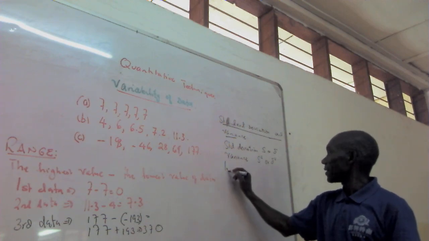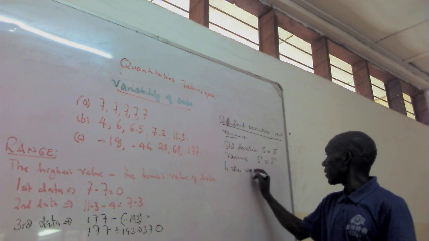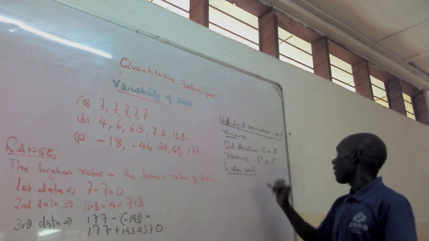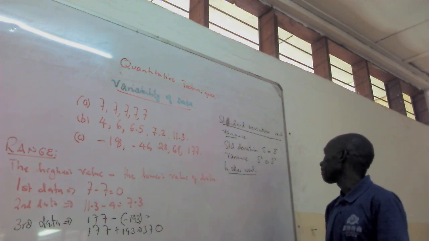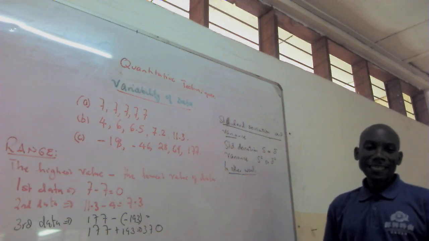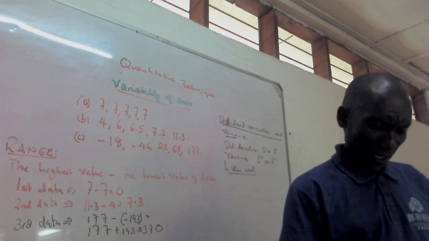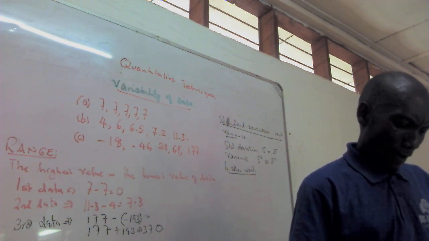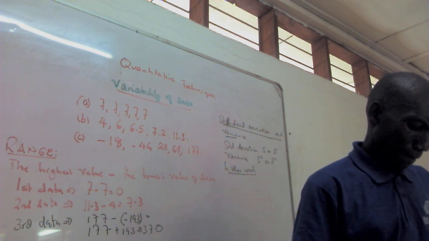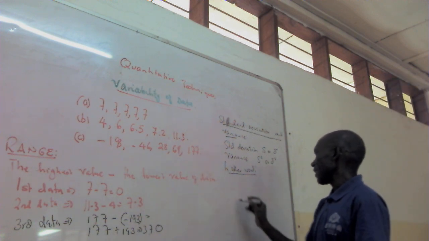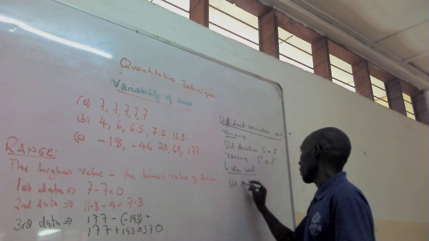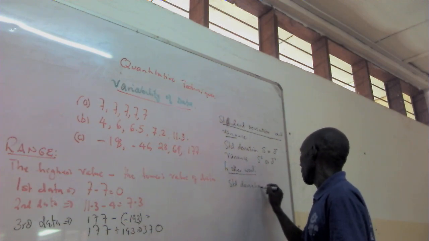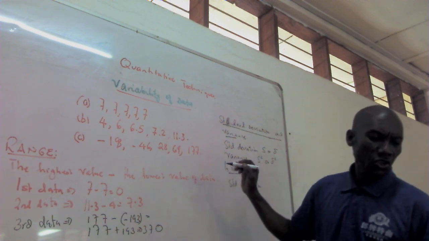In other words, what we are looking at there is that standard deviation is the square root of the variance. You square root the variance to get the standard deviation.